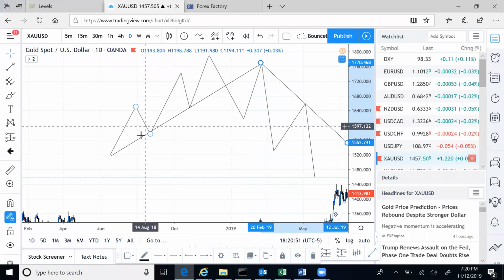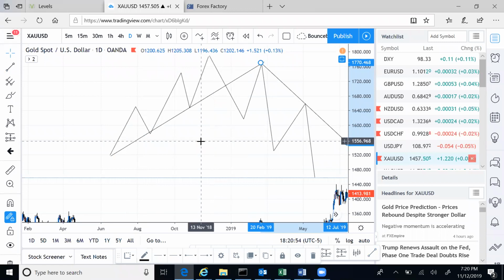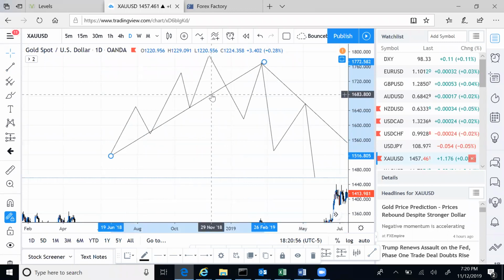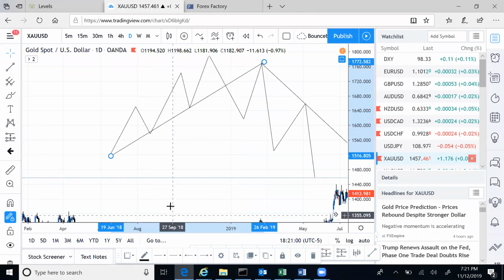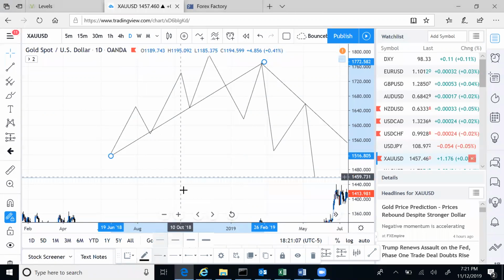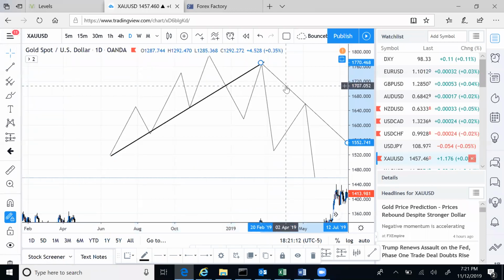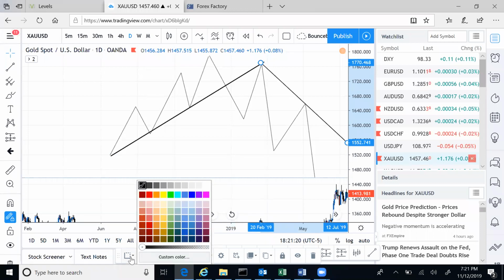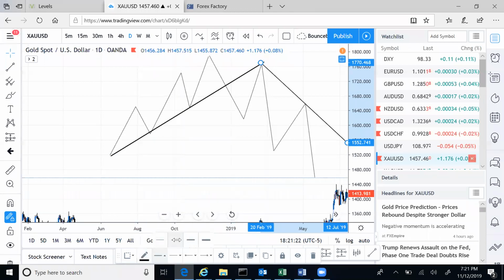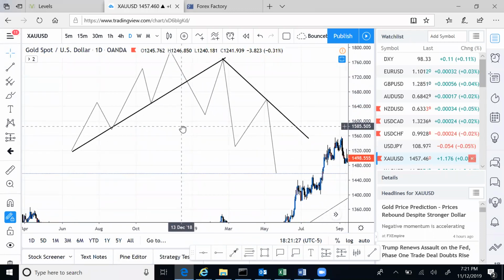Just for the beginners as well, when you're identifying a trend line, your trend line for the uptrend is drawn underneath. Your trend line for the downtrend is drawn above. So that's how you work your trend lines there.